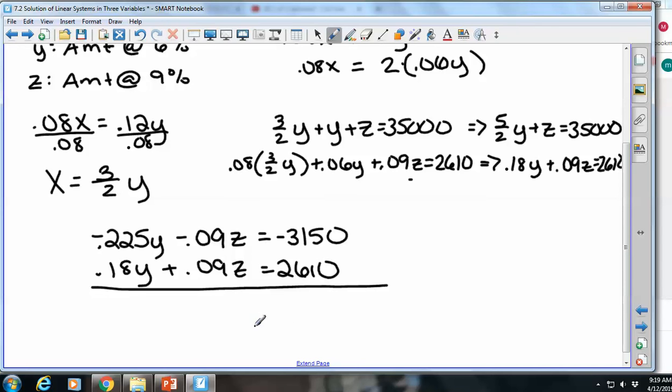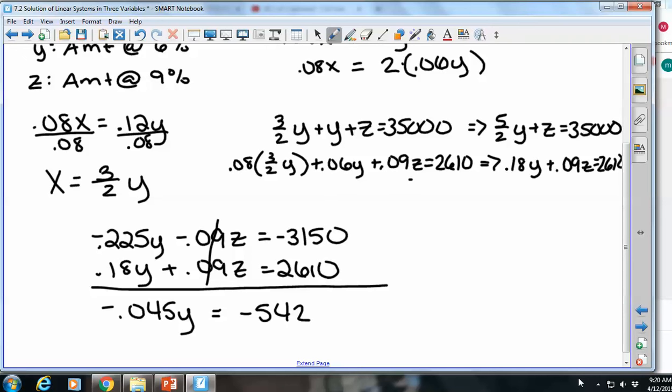Okay, so if we add, we get negative 0.045y, my z's drop, equals negative 540.